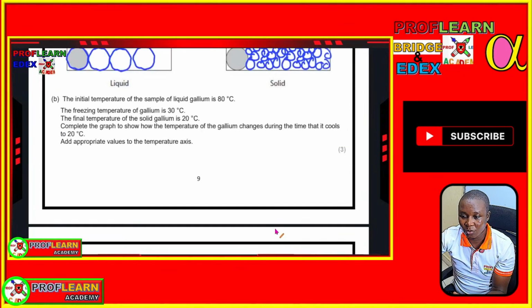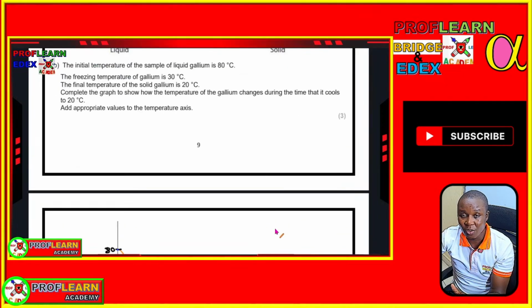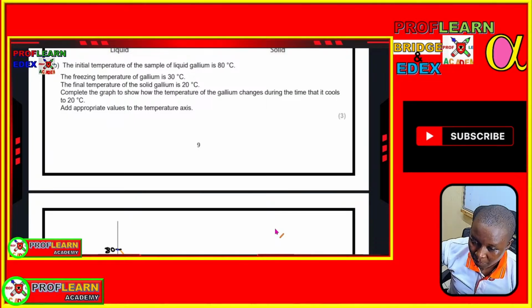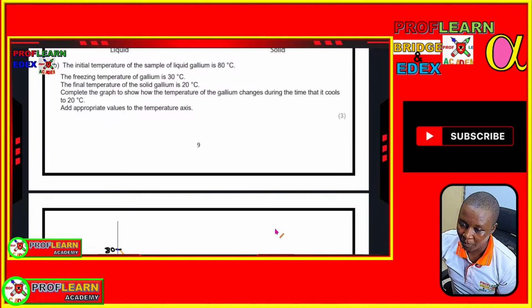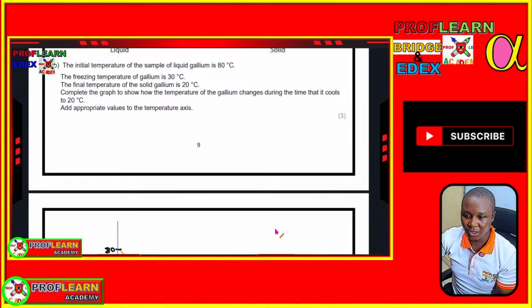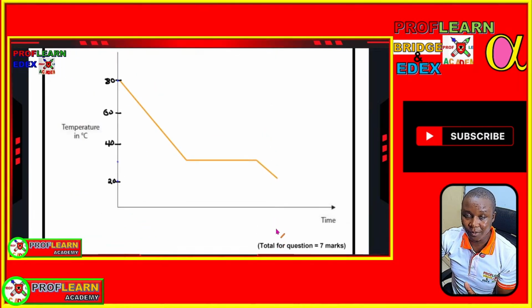So that's what you are supposed to do to answer this particular question. In the event it's for heating, you also have to notice that when there's a change of state, where we have the horizontal line, there's no temperature change at that given point.